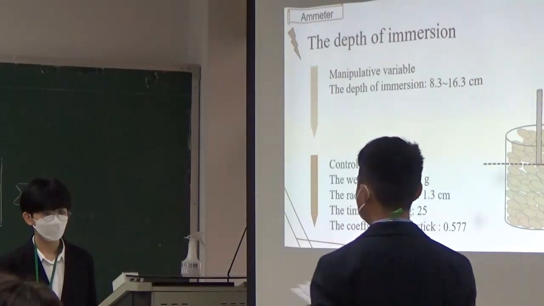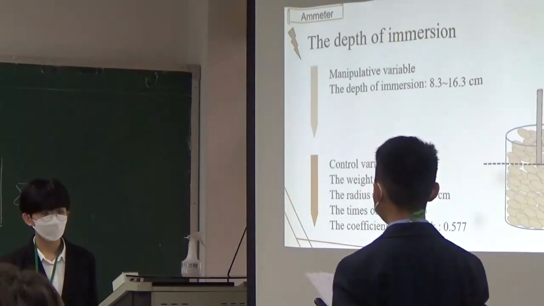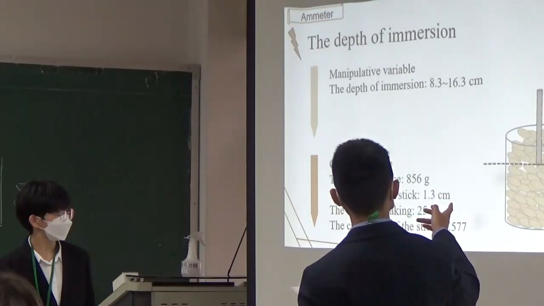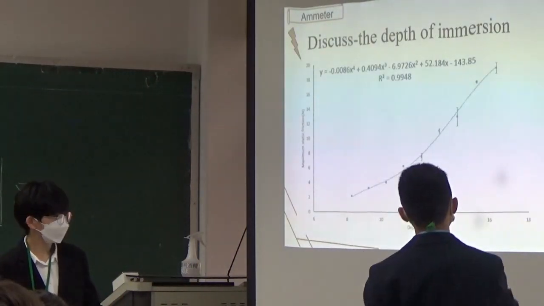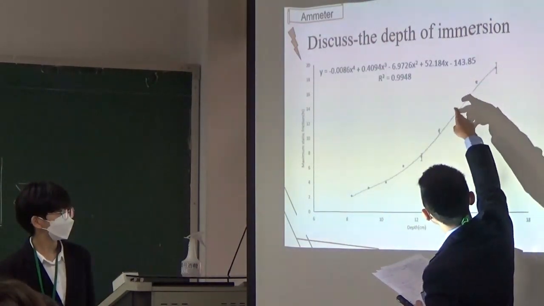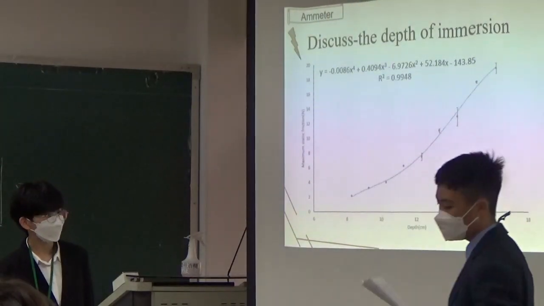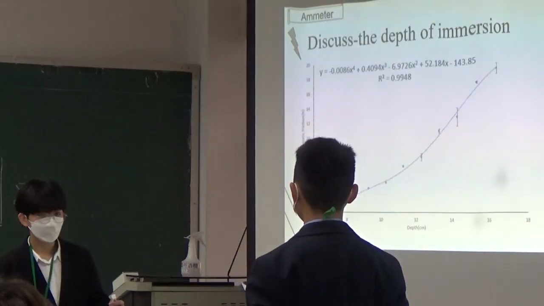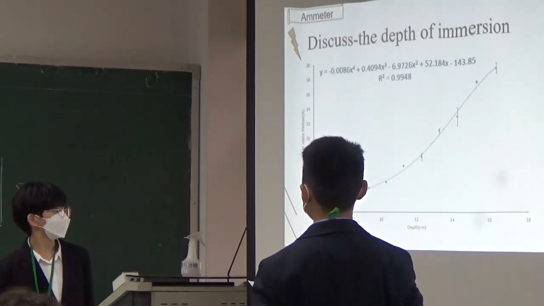So I suggest that if you can consider arrangement, maybe you could review the graph. Like this, the error between maximum and minimum is very big, right? If you consider arrangement or do more experiments, the error will be smaller, and this graph will be more persuasive.